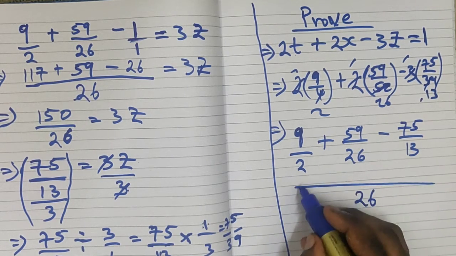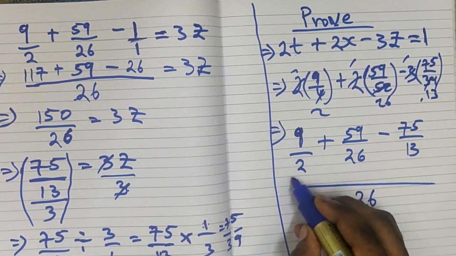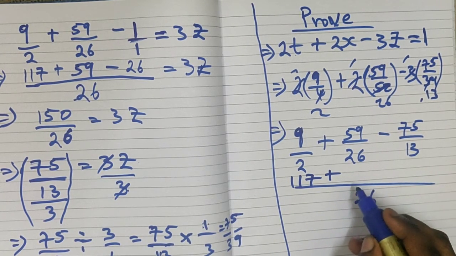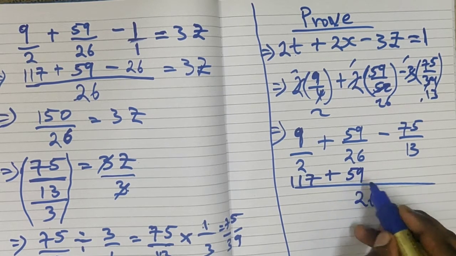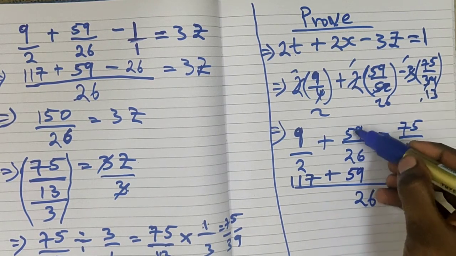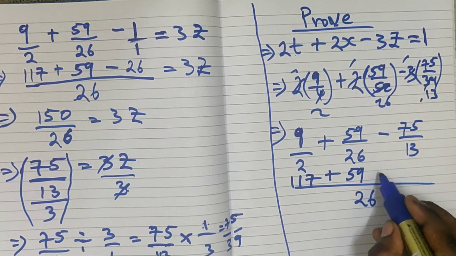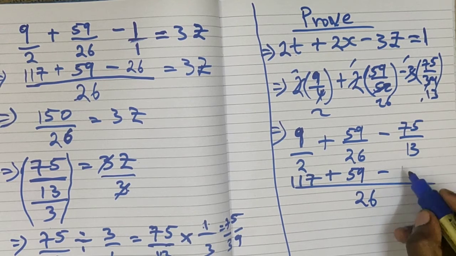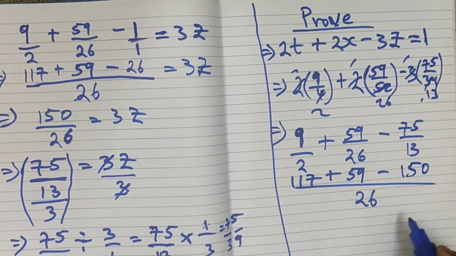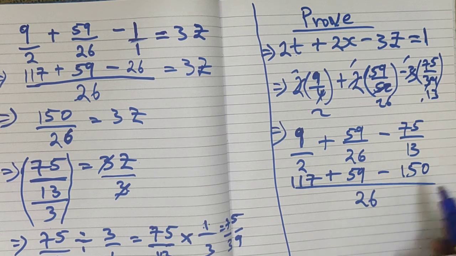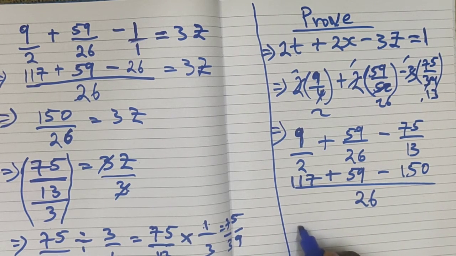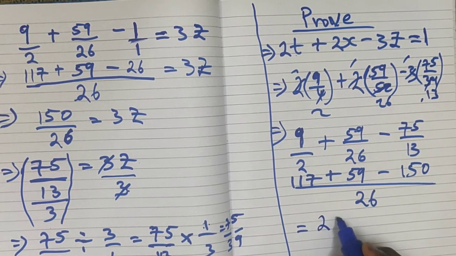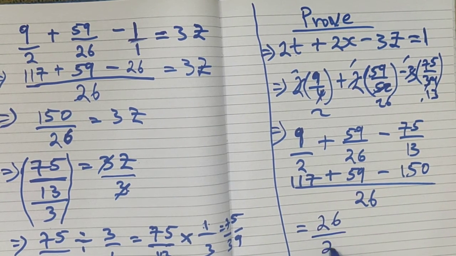So if we solve this fraction, we are going to have 9 times 13, which is 117, plus 59, because 26 divided by 26 is 1 times 59, minus 2 times this is going to give us 150. Now this plus this minus this, if you subtract this, it's going to give us 26 on 26.